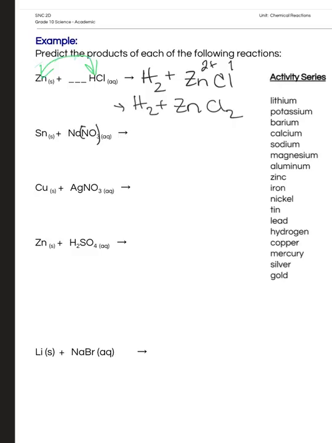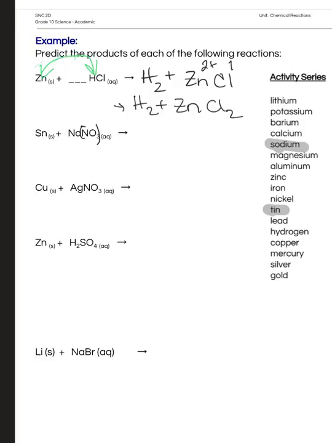I have tin, like we said, so let's highlight our tin here. And then I have sodium, which is going to be my element that I can talk about, okay? Because if I'm looking at here, nitrogen and oxygen, those are not on here.